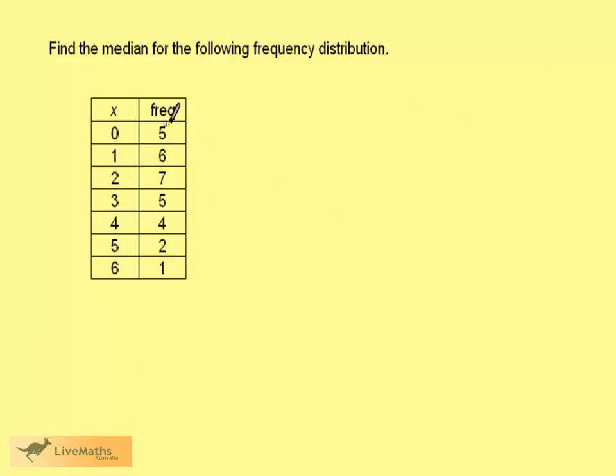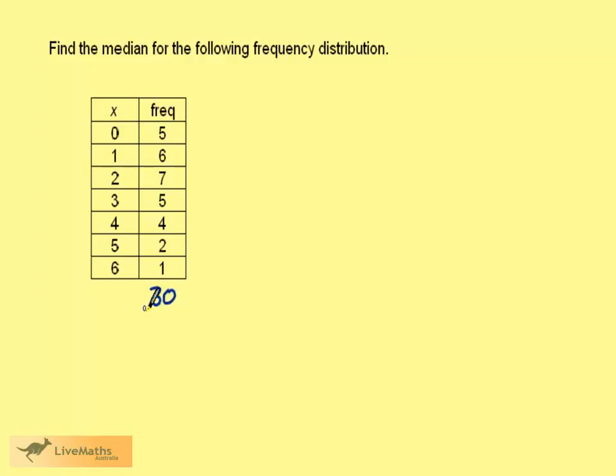Here we have a different frequency distribution. We need to know how many pieces of data we have. We have 5 zeros, then 6 ones, so 11 pieces of data so far. 11 and 7 is 18, 18 and 5 is 23, add 4 is 27, add 2 is 29, add 1 is 30.